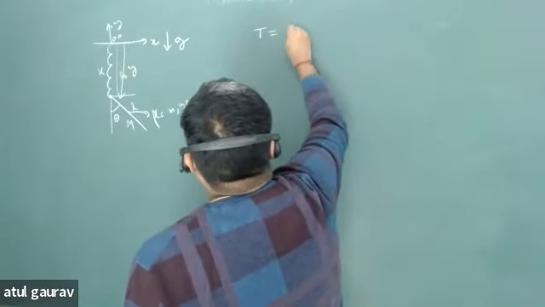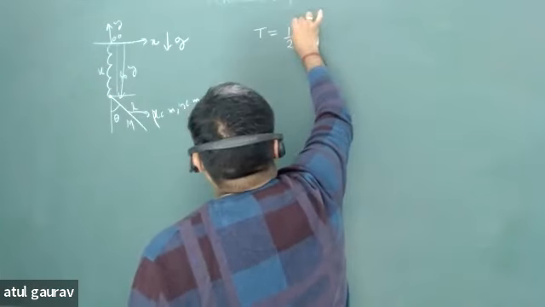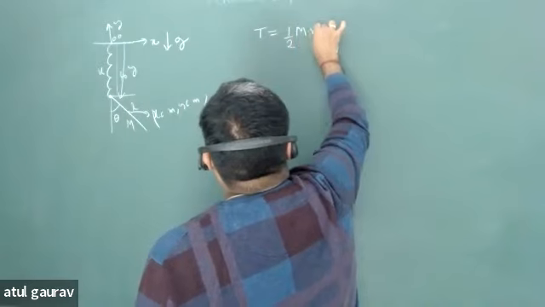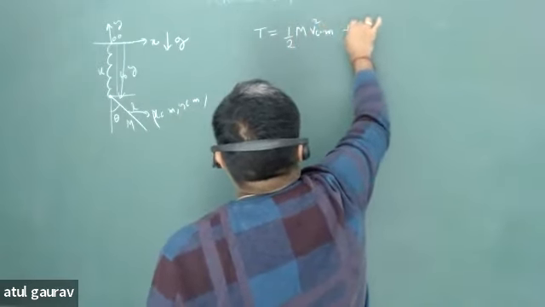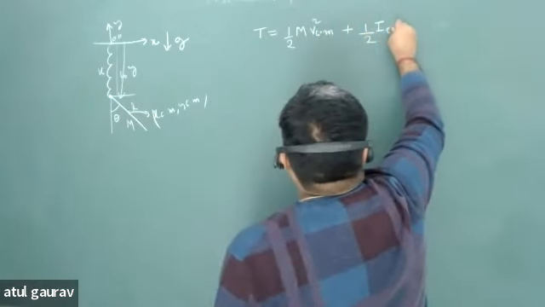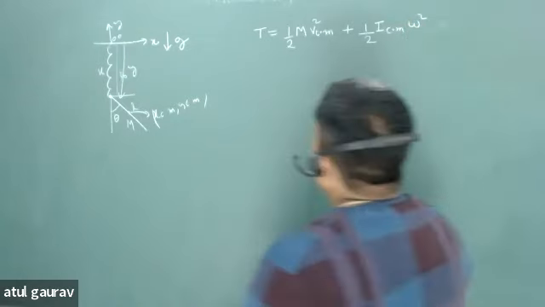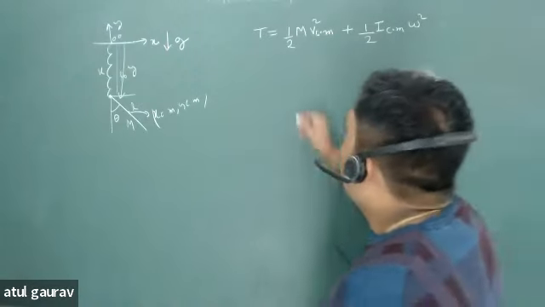What is your kinetic energy? The kinetic energy here is what? क्या लिखें kinetic energy? Half m VCM square plus half ICM omega square. Clear है ना? Yes, sir. And what is your VCM?